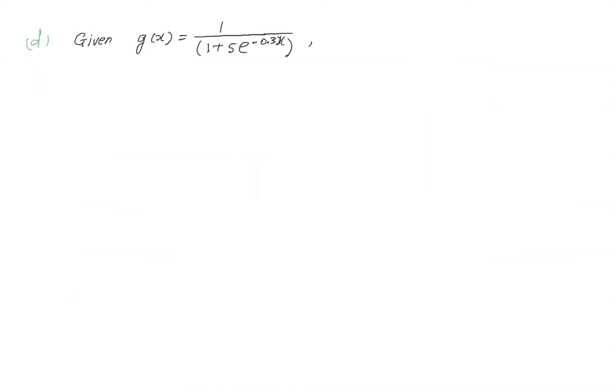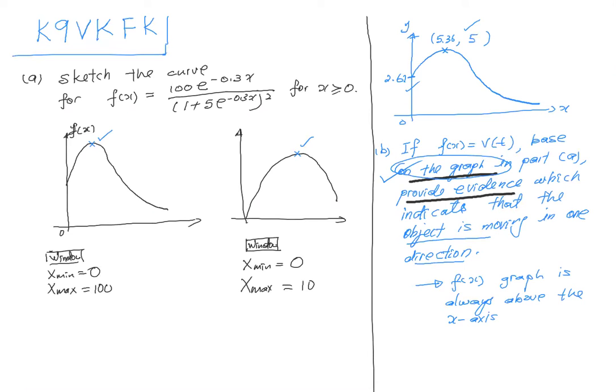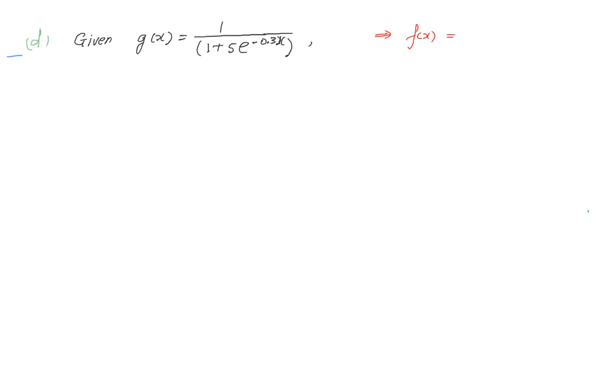If I want to test you on antiderivative, see the similarity with our f(x), which is 100 e to the power negative 0.3x divided by 1 plus 5 e to the power negative 0.3x, the whole thing squared, am I right? This is our f(x). So if I give you g(x) like that, what will I ask you to do?